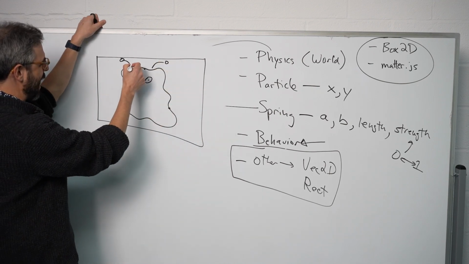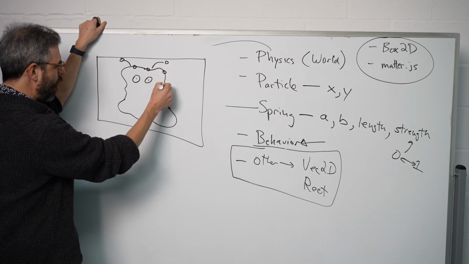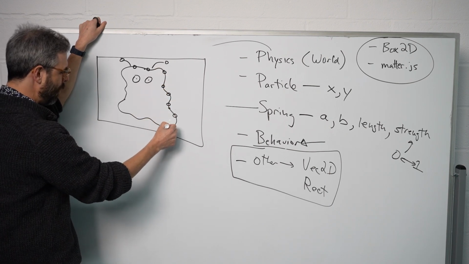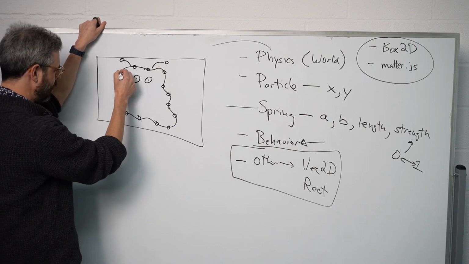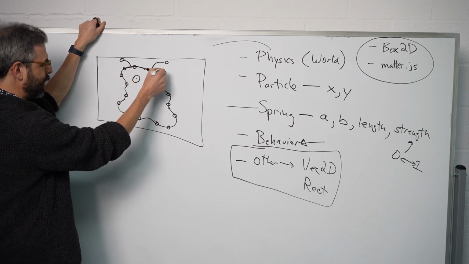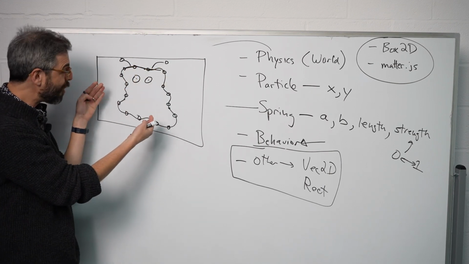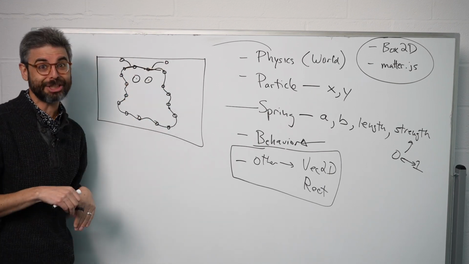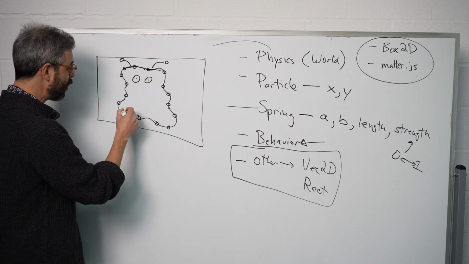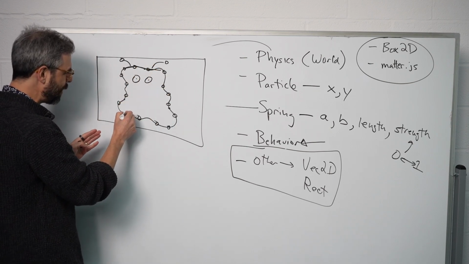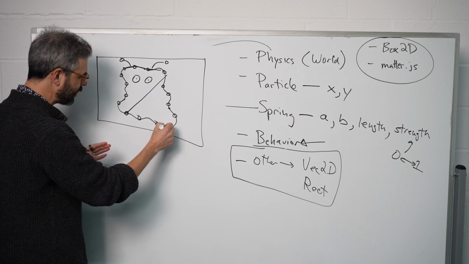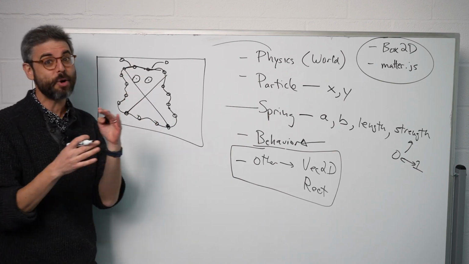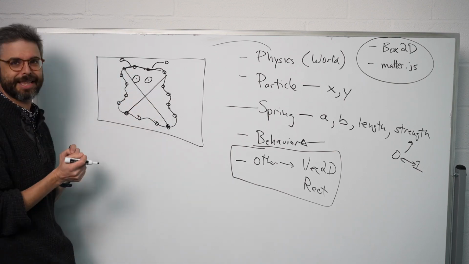I've got to think about, where are all the particles? How many do I have? And if they're all connected with springs, this could be a good starting point, but the whole thing is probably just going to collapse onto itself. So what if I built some sort of shape, but added some additional springs just kind of across the middle? Maybe I don't draw those to hold the thing together.